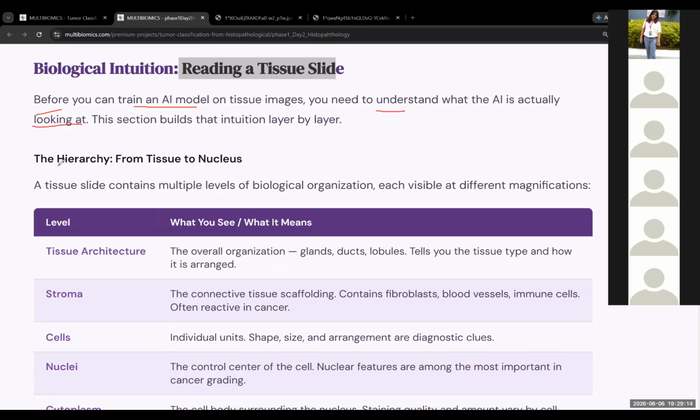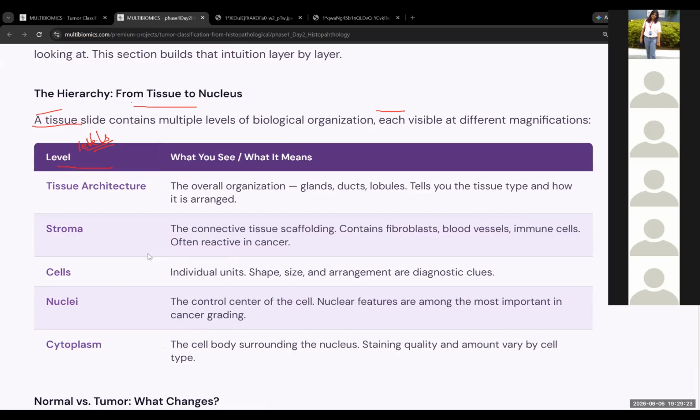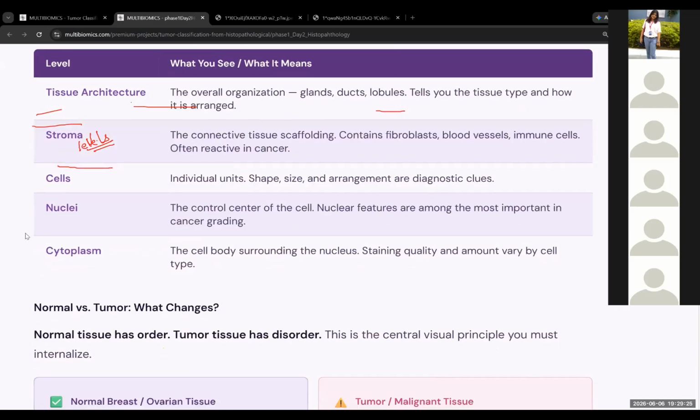So first we will see the different hierarchy that we have already mentioned earlier. Hierarchy is different levels. Now these are some levels. The first and foremost level is the tissue architecture. So the overall organization, how the gland is looking.